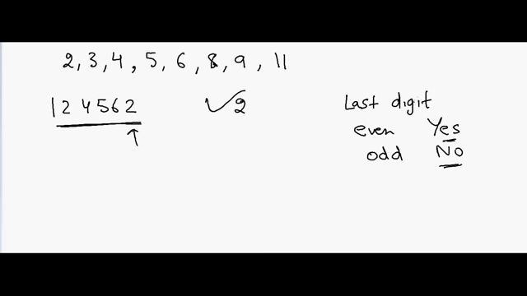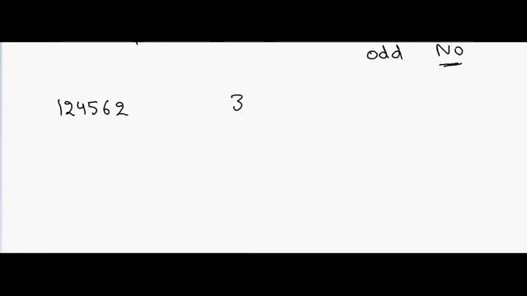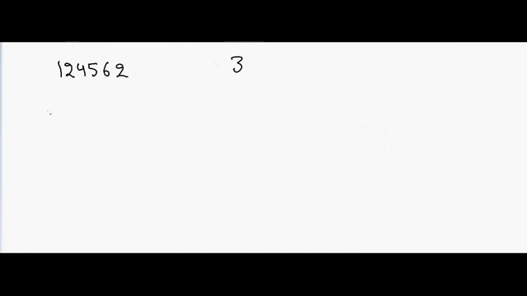Now let's talk about division by 3. If I have 124562 again, and I'm looking at whether it's divisible by 3 or not, in that case I'll add all these digits together. So 1 plus 2 plus 4 plus 5 plus 6 plus 2.